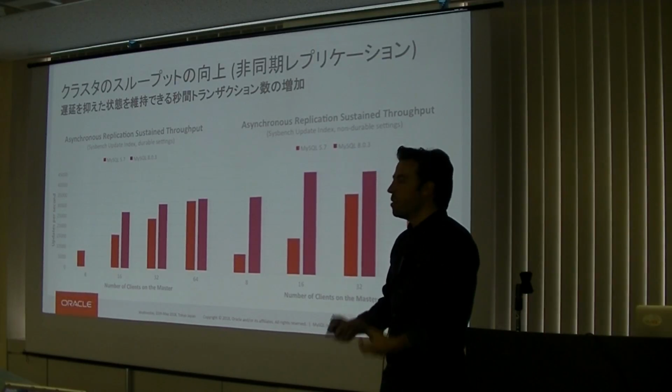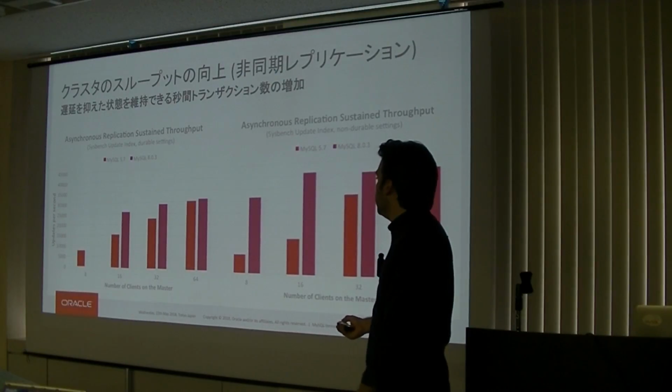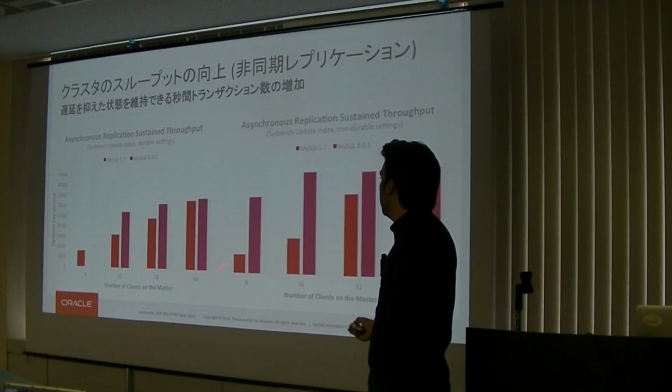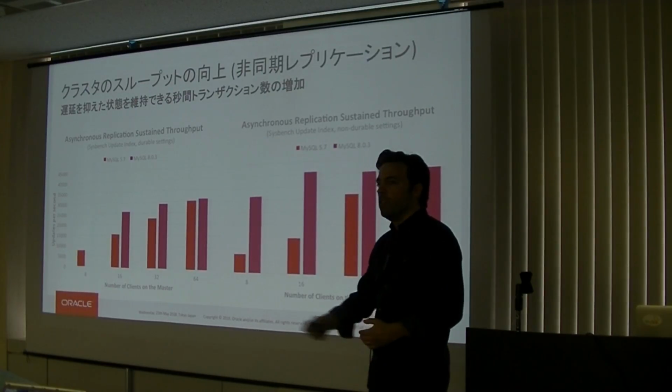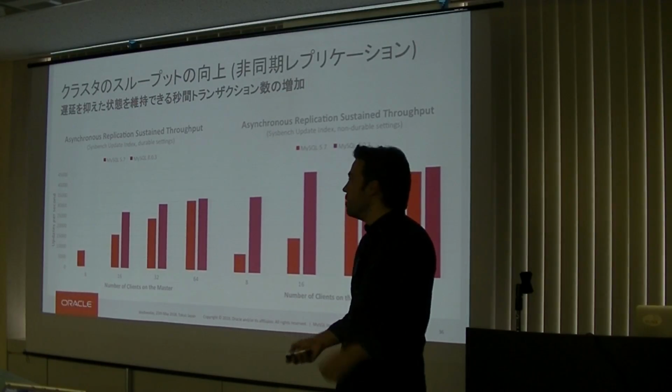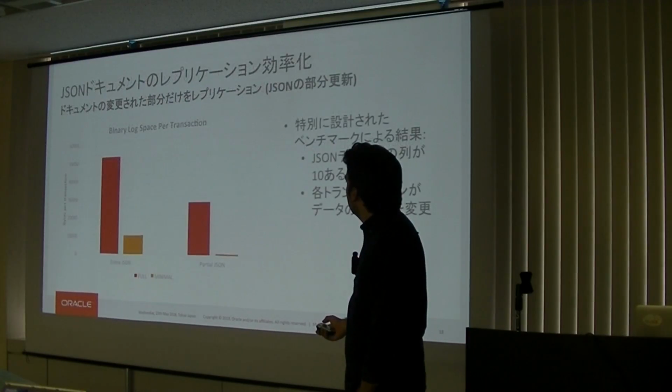So this was causing some contention, and we removed a bit of those bottlenecks. And this means that we, again, have higher throughput in MySQL 8 on the applier side, on the slave side.